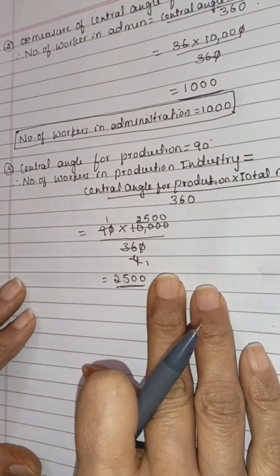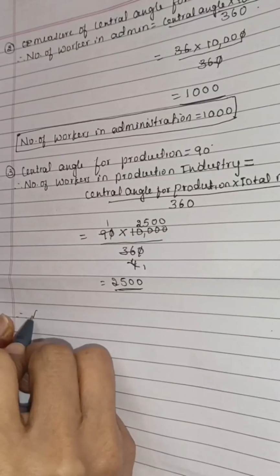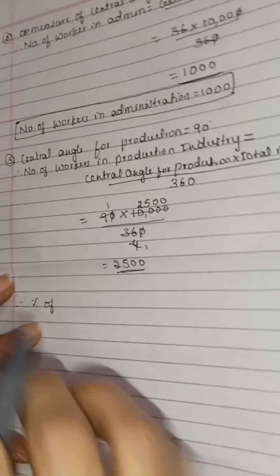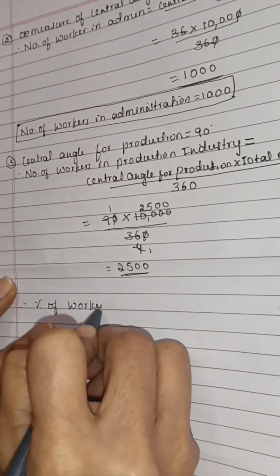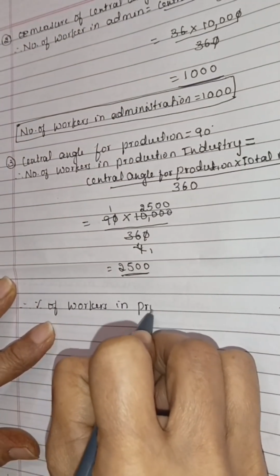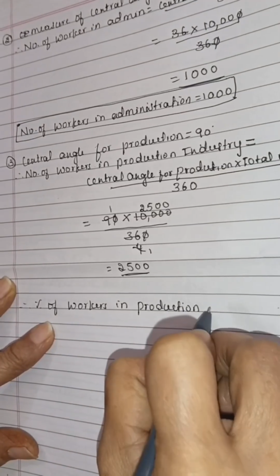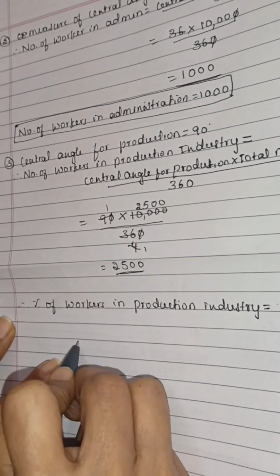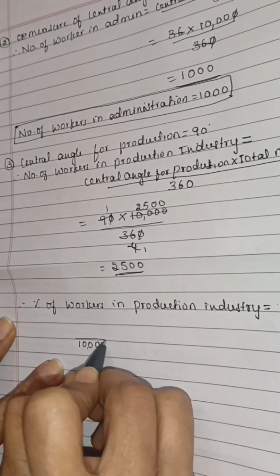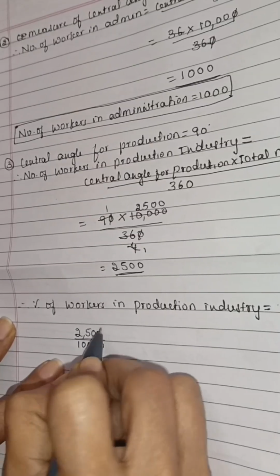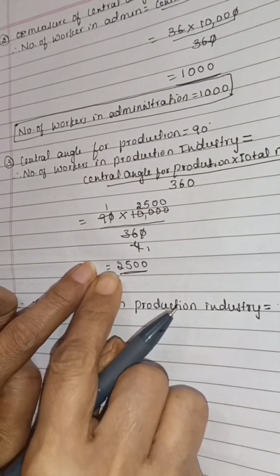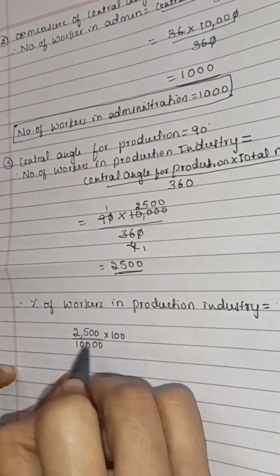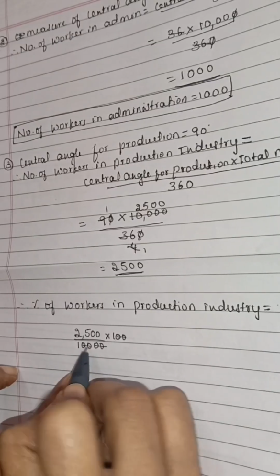We have to find out the percentage now. The percentage of workers in the production industry: out of 10,000, 2500 is production. For 100 we have to find the percentage. So 0 gone, 0 gone.